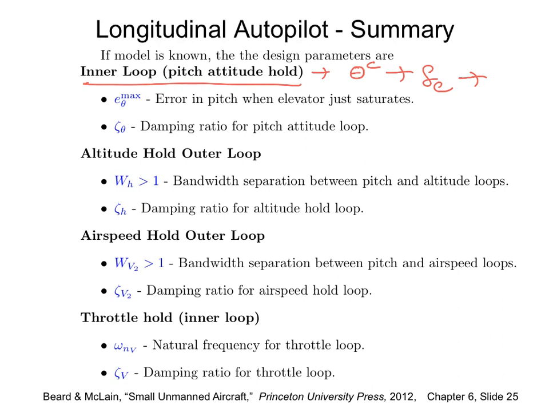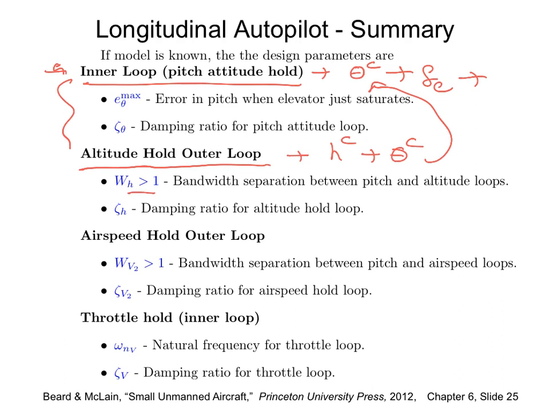That's the loop which will be called again and again, the innermost loop. The second loop is altitude hold, the outer loop. Altitude hold means you control your commanded height using theta commanded, and then again you call this to give you delta E.